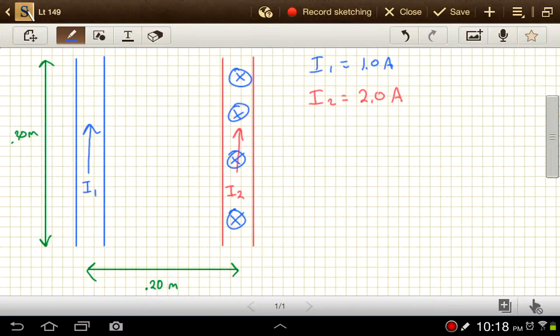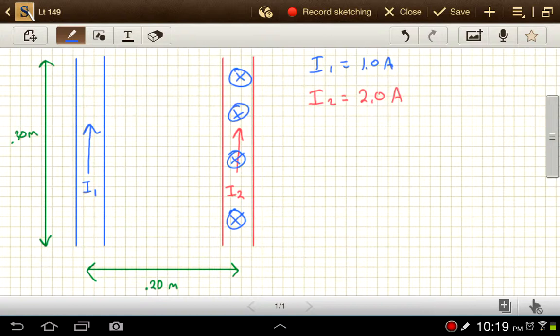Now, if you wanted to find the direction of the force caused by that magnetic field, we do V cross B to figure out the direction of F. V is the direction of the charge movement, so that's up. That's the direction that your pointer finger goes in.